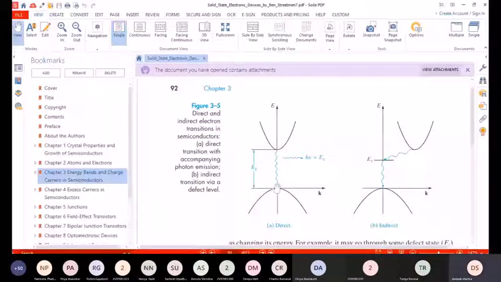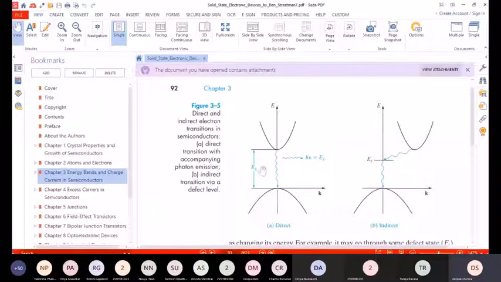So whenever an electron tries to come down from the conduction band to the valence band, at that time it liberates some energy. Why? Because initially the electron present in the valence band had grasped some energy, and due to that energy it had shifted itself into the conduction band. But now, if it is coming back to its original position, then it has to liberate some energy, right?